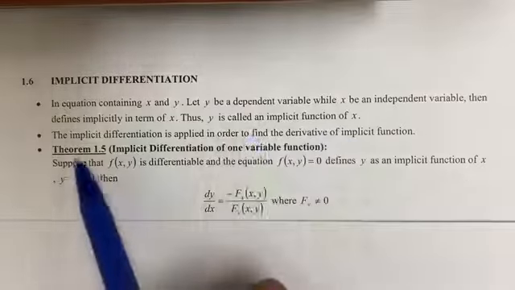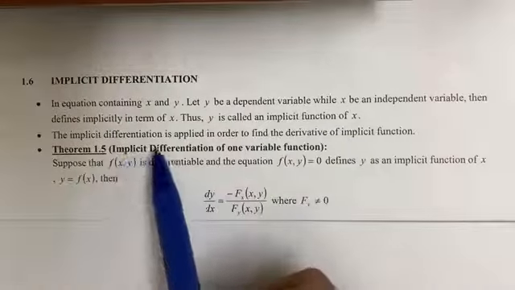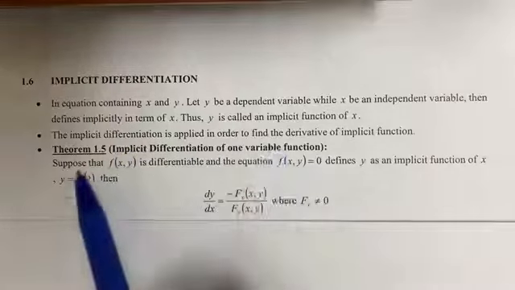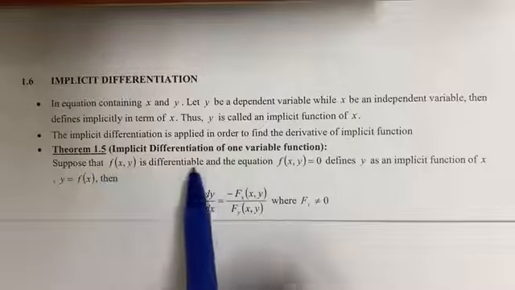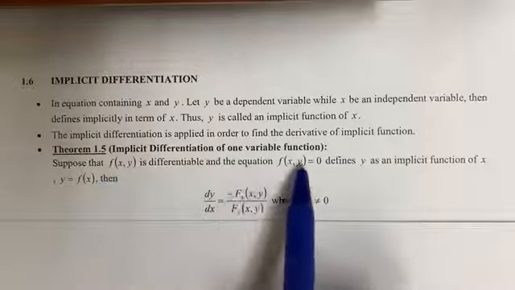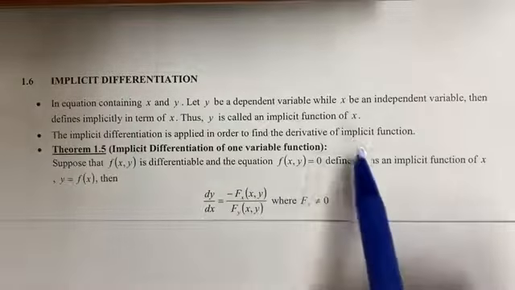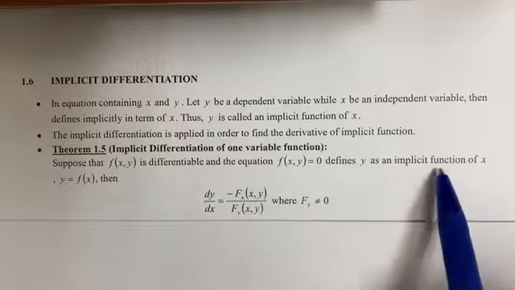As mentioned in theorem 1.5 for implicit differentiation of one variable function, suppose that f(x,y) is differentiable and the equation f(x,y) equal to 0 defines y as an implicit function of x.